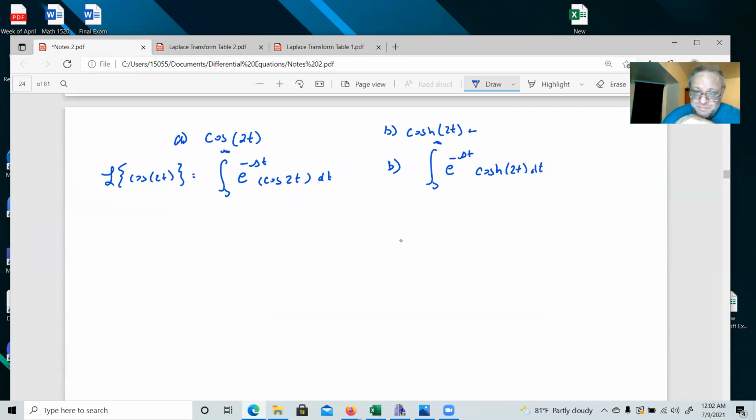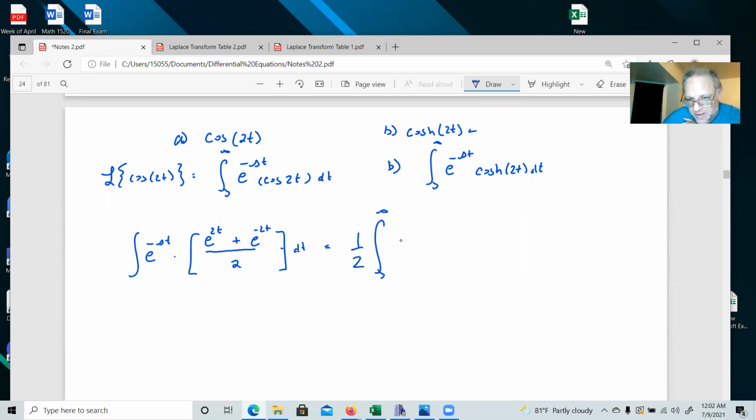But what we're going to do here is go back to the definition for cosh. This is e to the negative st times e to the 2t plus e to the negative 2t, all over 2, dt. What that lets us do, from 0 to infinity, is separate things out.